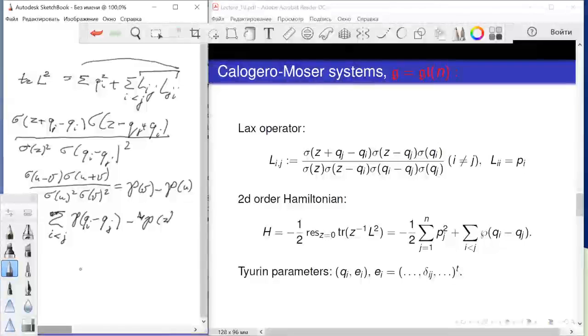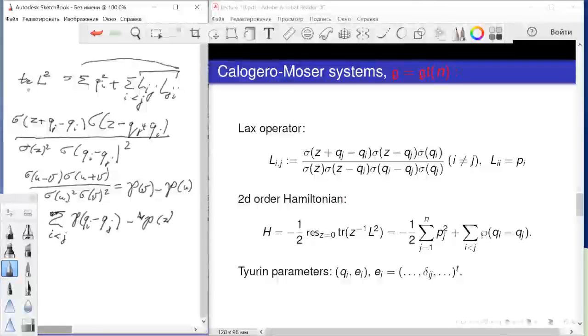Well, now the prescription for Hamiltonians is the following.